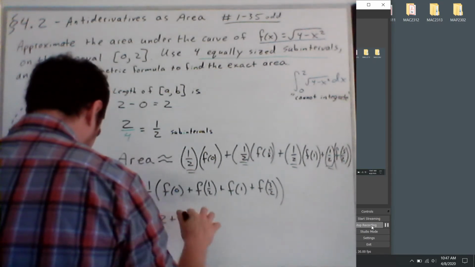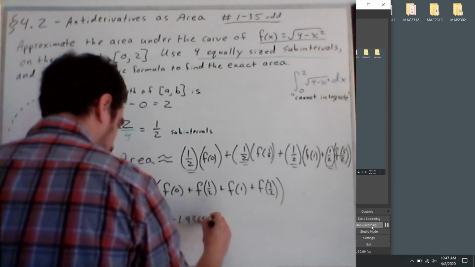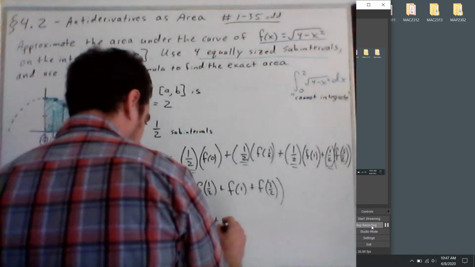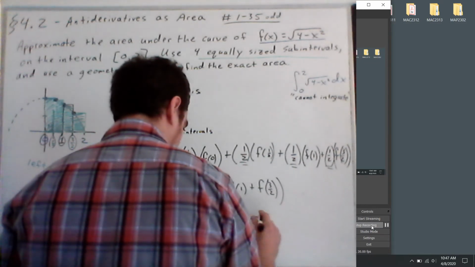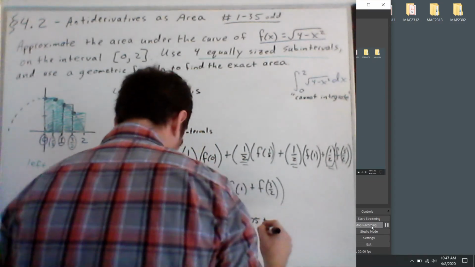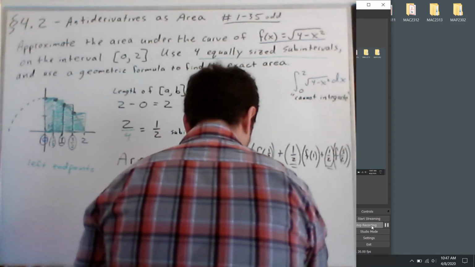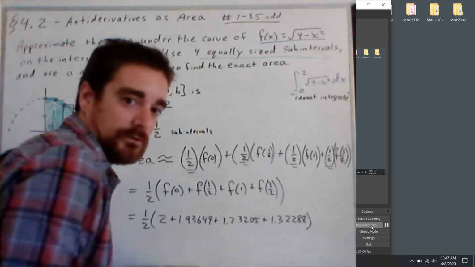f of 1/2 is about 1.93649. f of 1 is about 1.73205. Oops, that's a smudge in there. And f of 3/2 is 1.32288. No, I'm not doing that in my head.